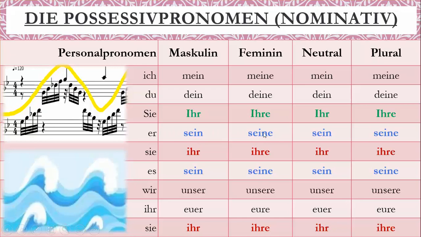So is the case with seine, and again sein for neutral and seine for plural. In the same manner, the possessive pronoun will be the same for third person singular sie, ihr, ihre, ihr, ihre, and for third person plural sie.